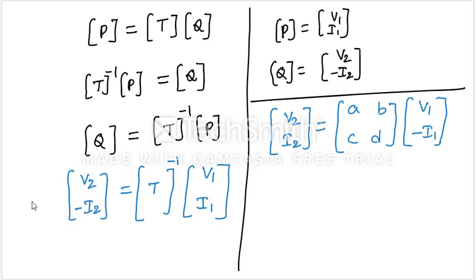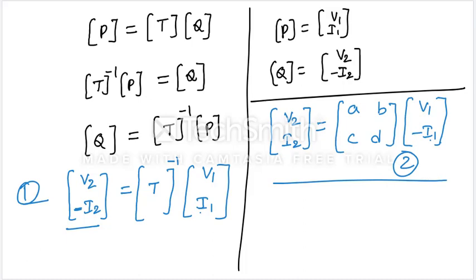Now I can compare this one with this thing. Are both the same or not? No. Here we have minus I2, but here we have plus I2. Here we have plus I1, here we have minus I1.